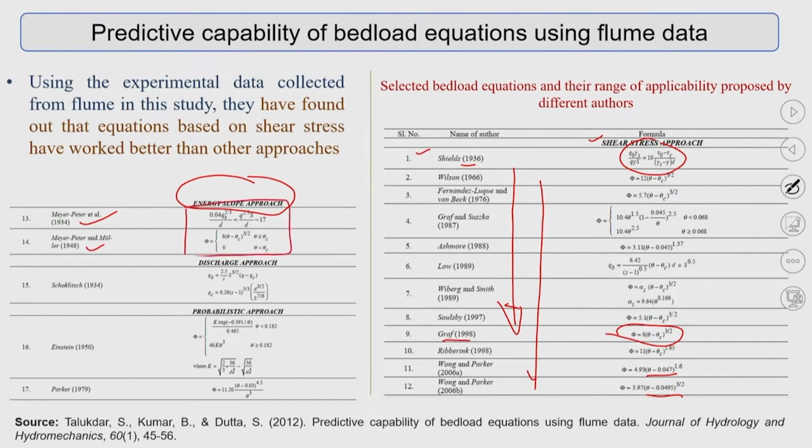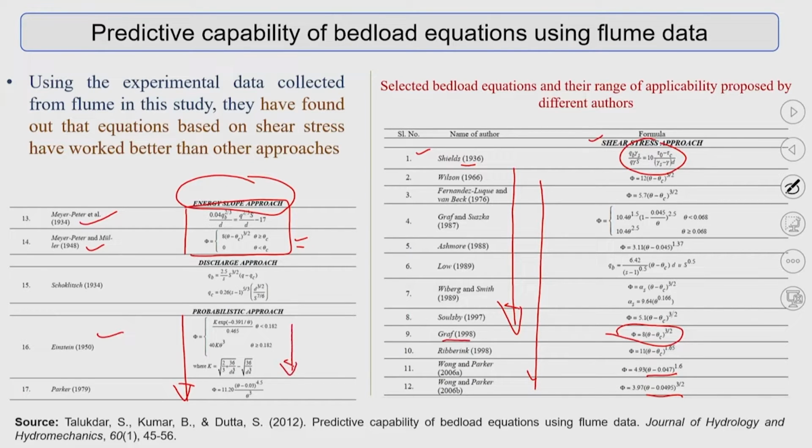These two equations are still widely used because it is an energy-based concept. And there is the probabilistic approach, established way back in 1950 by Einstein, which gives the bed load equations following a probabilistic concept.